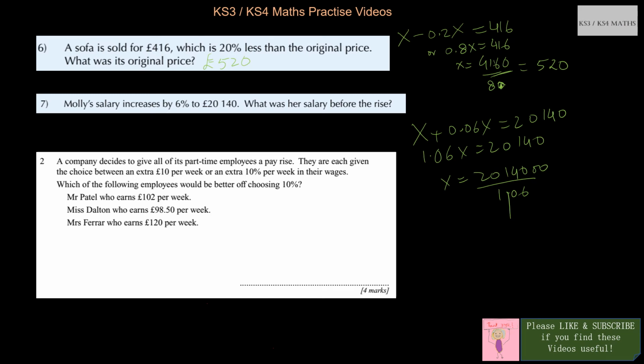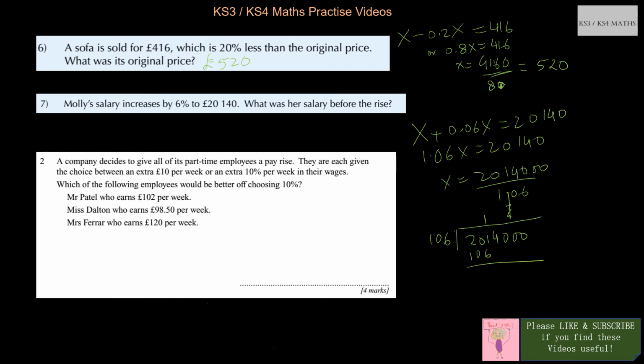So when I do my division, it would be 106, and if I do my long division, it's 20140 and then 00. So 106 times 1 is 106.